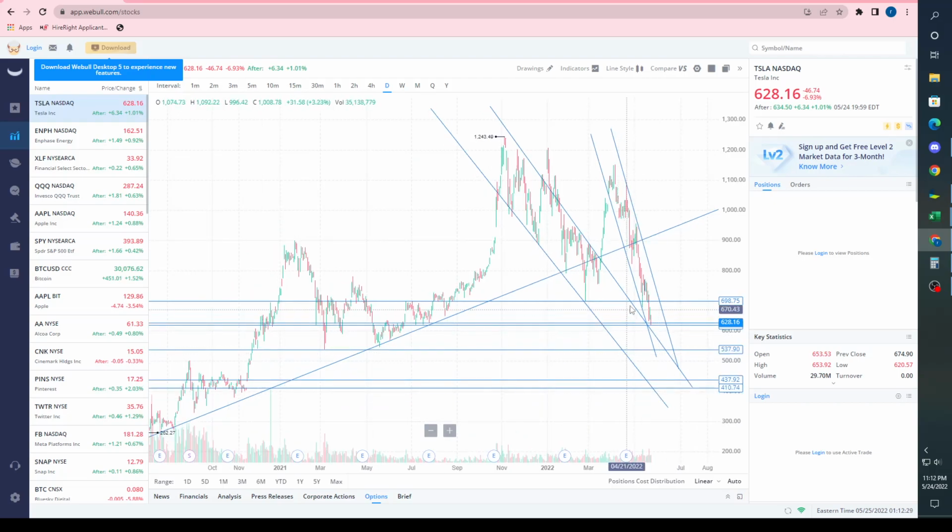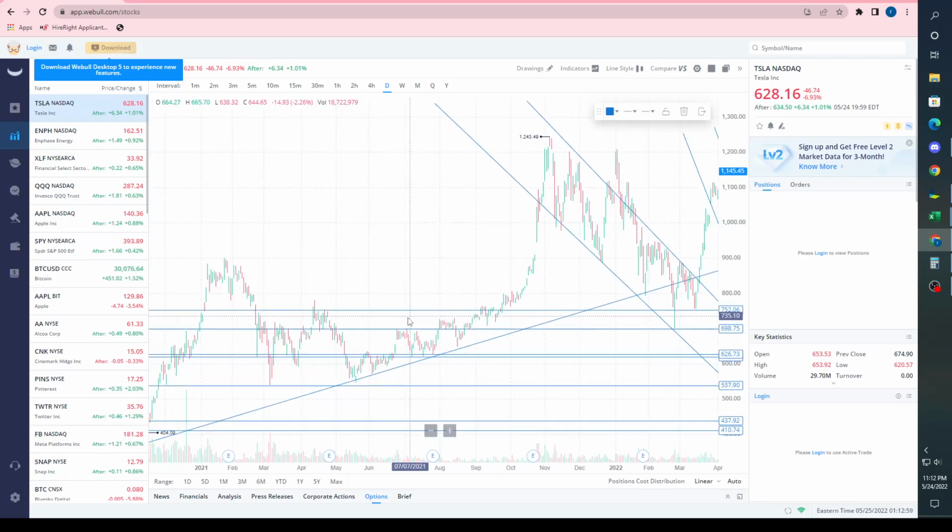I do think that there is a pretty high probability that we could potentially see some sort of rally, but I do think that rally could likely get rejected right around 700 or possibly the top of this trend line, which could be something along the lines of 750-ish.